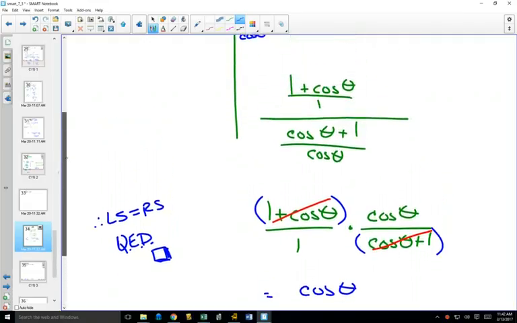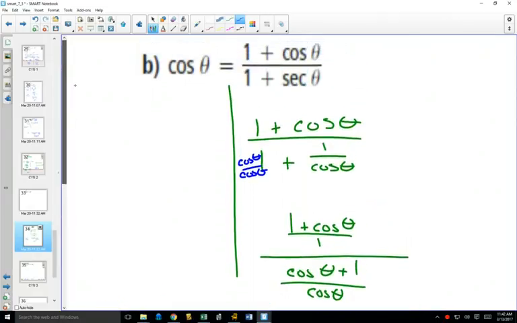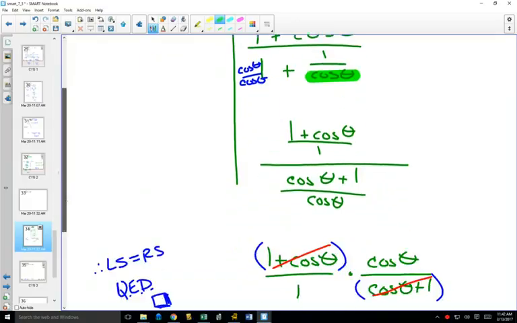Now, as far as figuring out non-permissible values, we have to look wherever we're dividing. So here we have 1 plus secant theta, which is the same as, and here we're dividing by cos theta. And here we're dividing by cos theta plus 1.